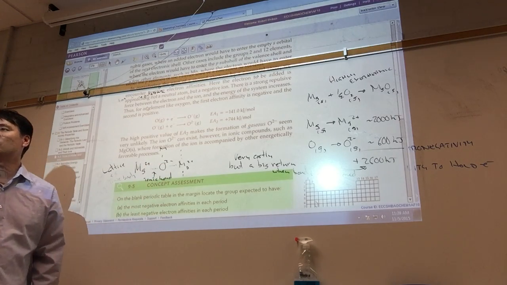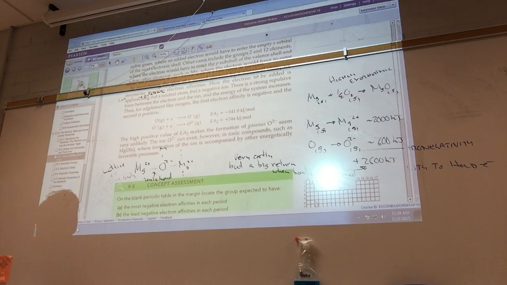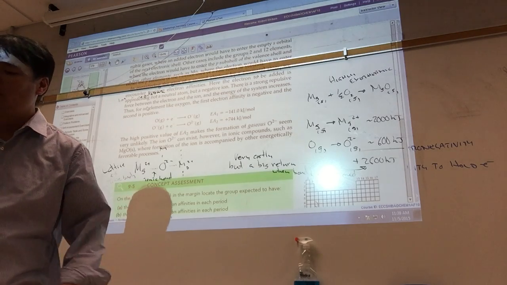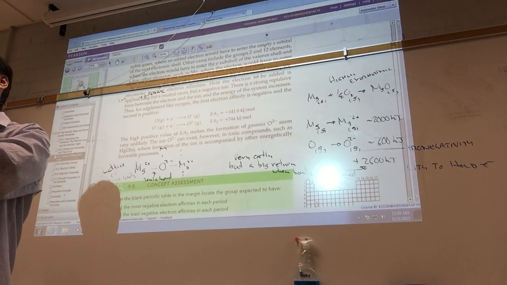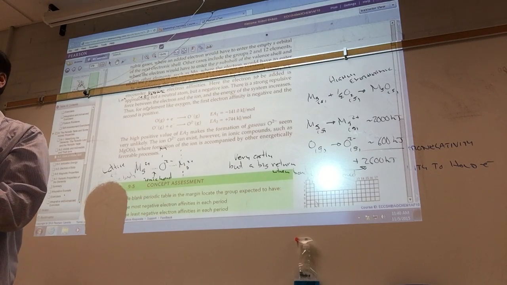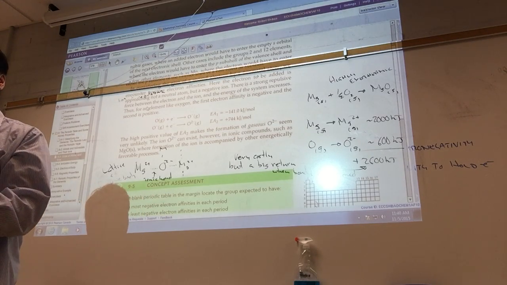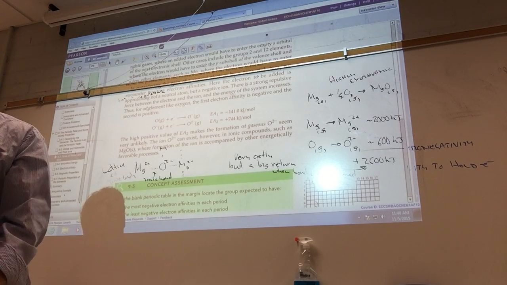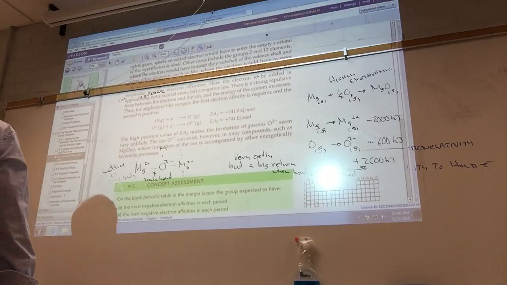But it doesn't happen. Do you know why it doesn't happen? It doesn't happen because forming magnesium 3+ costs way too much energy. And so the reason why valence electrons react is those have reasonable cost, and then the benefit is good because you can form strong bonds. Versus if you start digging into the core electrons, the cost becomes too great, even though the bonds and the payoff would be better. Okay.